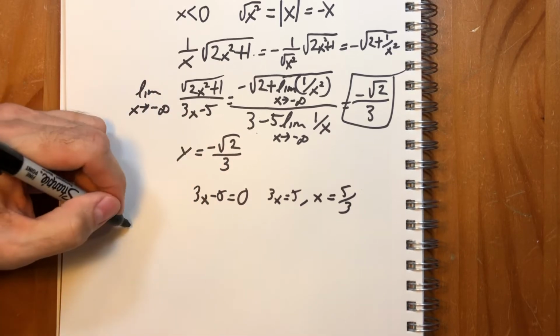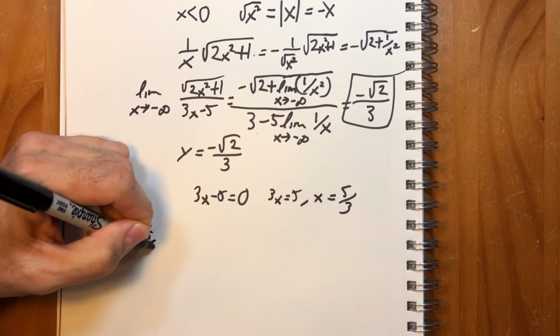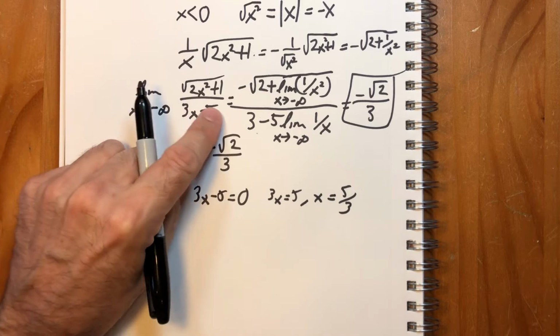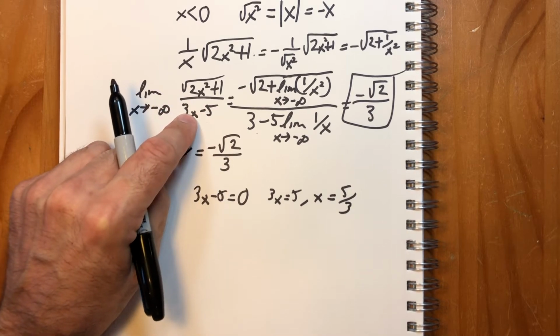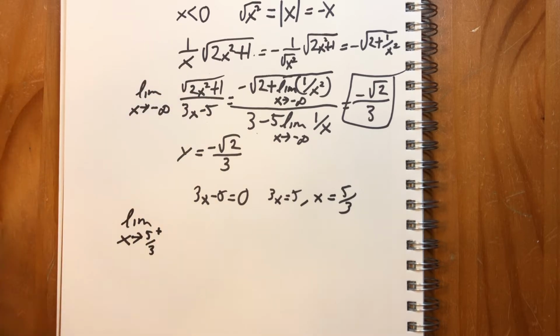So when we take the limit as x approaches 5 over 3 from the right, the denominator is getting closer and closer to 0 but always positive. That means the whole function will be positive, so it's going up to positive infinity.